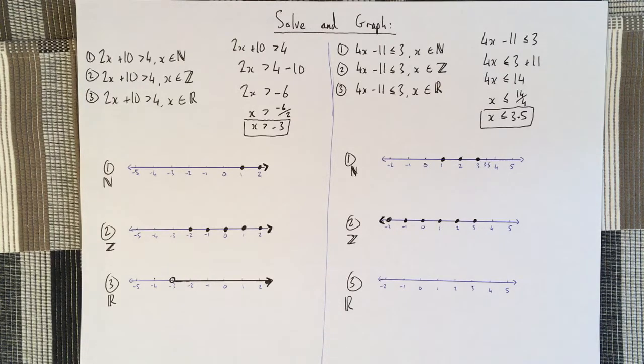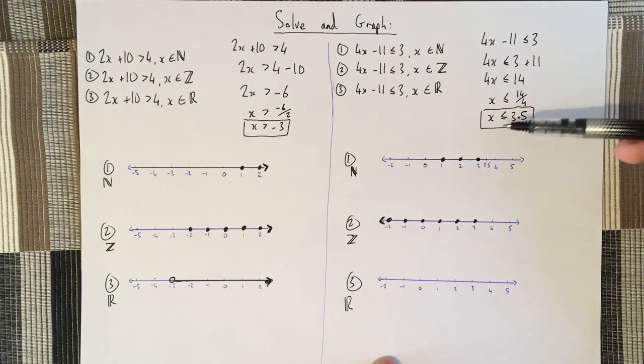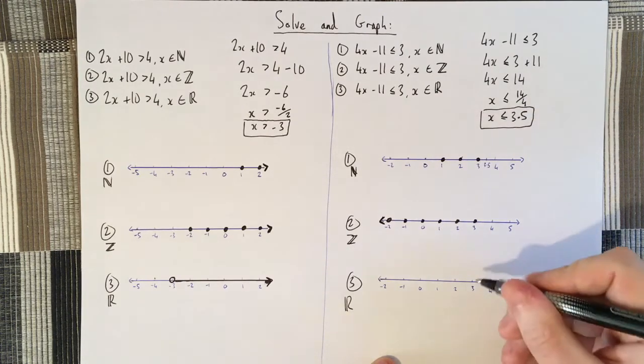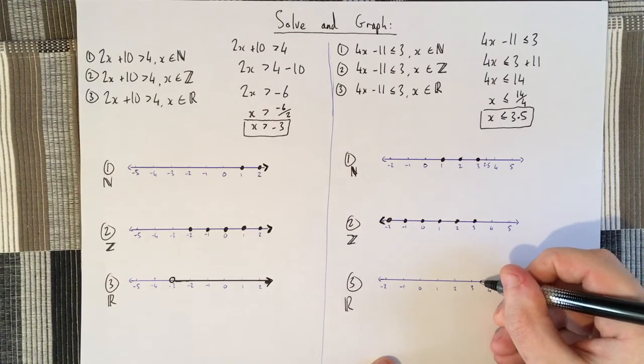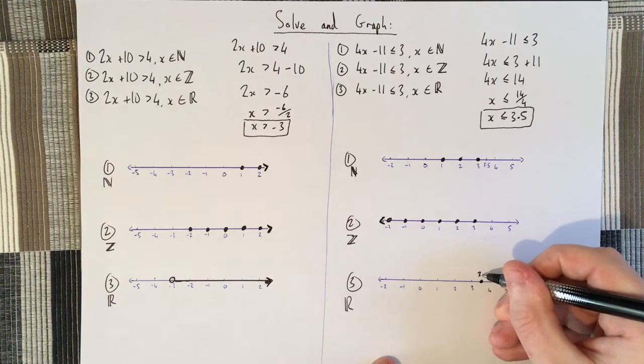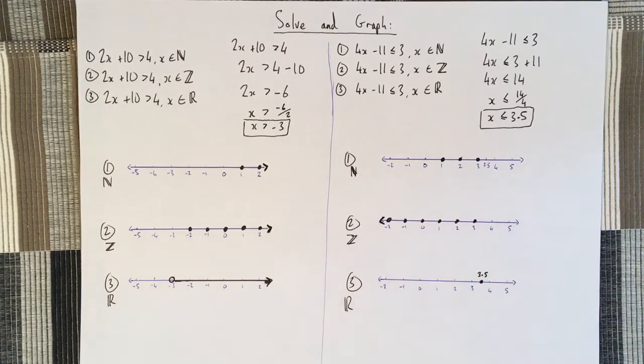Next one then, I'm doing real numbers less than or equal to 3.5. With this one, I have to mark 3.5 on because 3.5 is a real number, and it is less than or equal to 3.5. So I will mark that on, and I will just mark that that's 3.5.